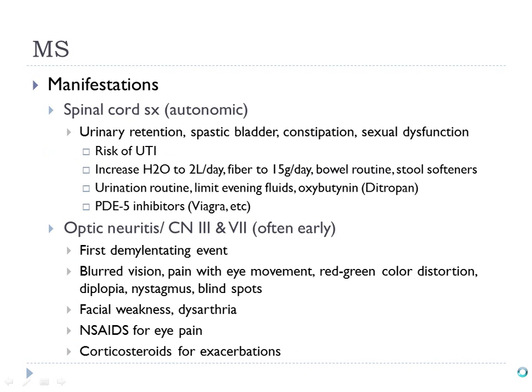These are spinal cord manifestations, and we call this autonomic, right? You know about these because you studied spinal cord already. So these GI, GU manifestations, and sexual dysfunction. This person has a big risk for UTI because they would maybe have urinary retention and things like that. Have you studied Ditropan, those urinary drugs?